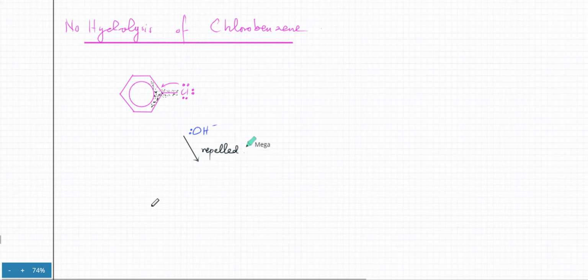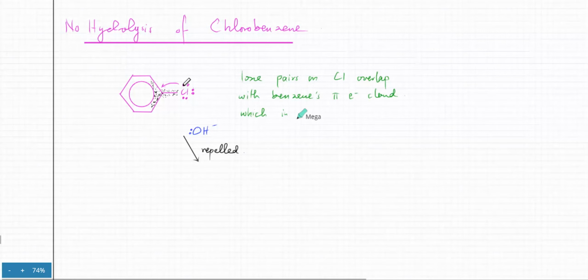So in your paper, if you're asked why there is no hydrolysis, why doesn't it react with OH, why doesn't the Cl get substituted, this is the explanation that you're going to write: the lone pairs on Cl overlap with benzene's pi electron cloud, which increases the strength of the C-Cl bond because now the bond has more electrons.